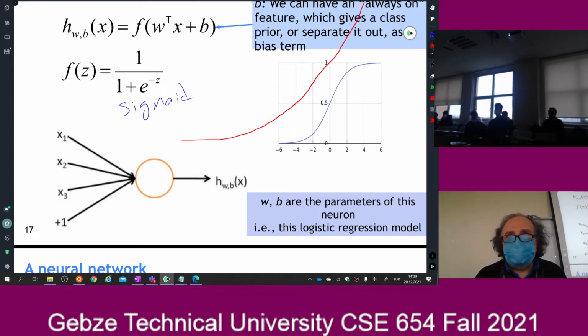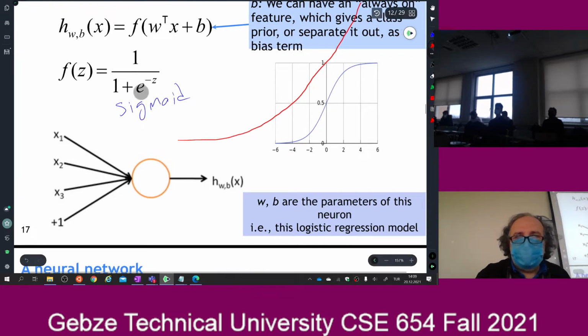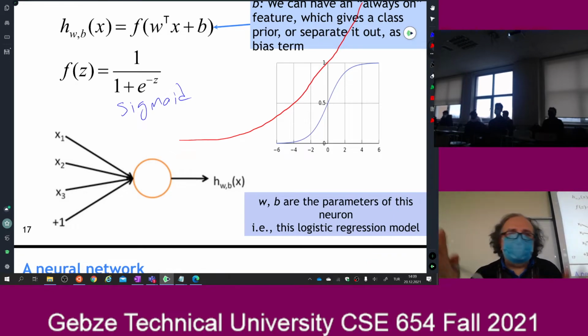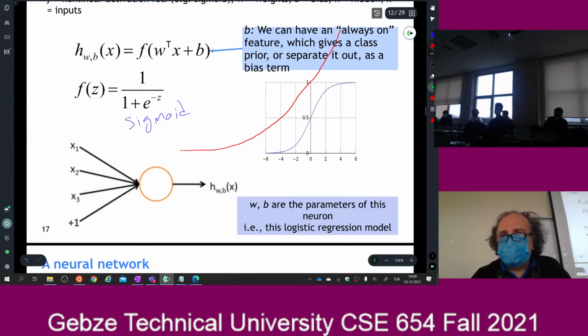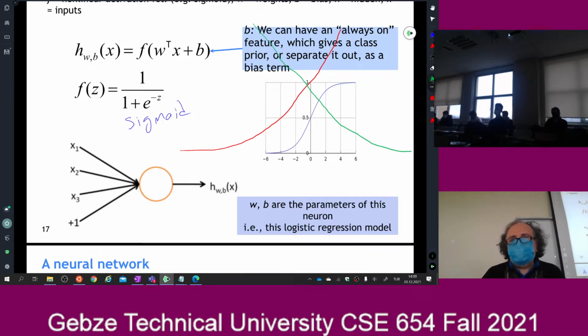It doesn't become negative. e to the z, maybe. What is e to the minus z? How do you write e to the minus z? It becomes like this, I guess. That was bad. This is e to the minus z.